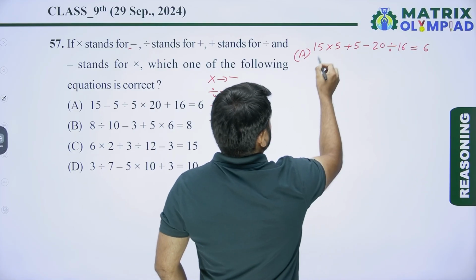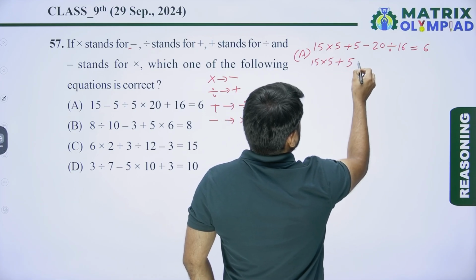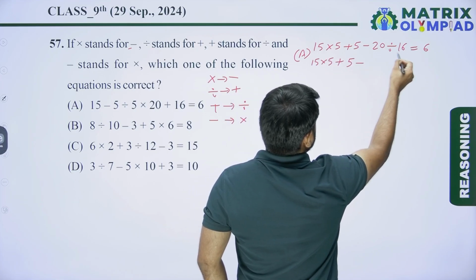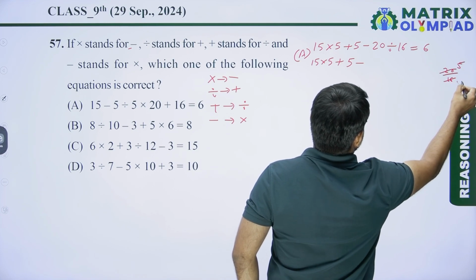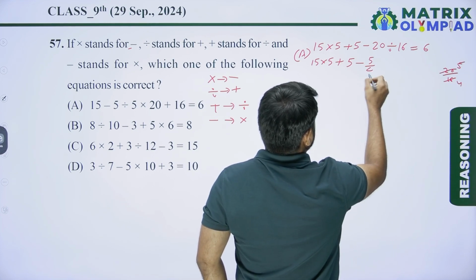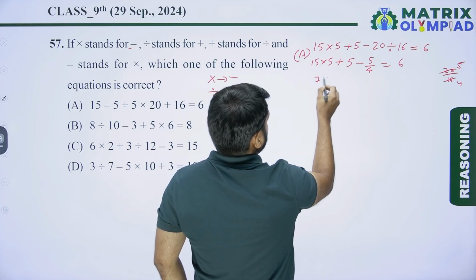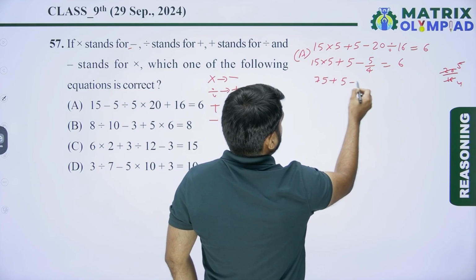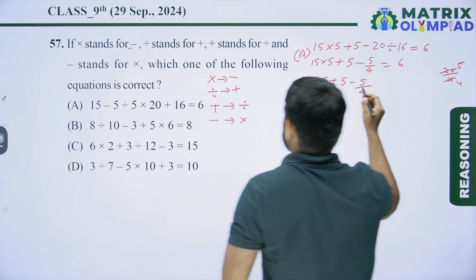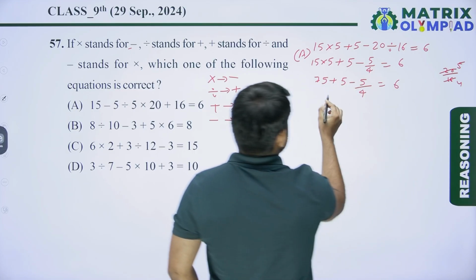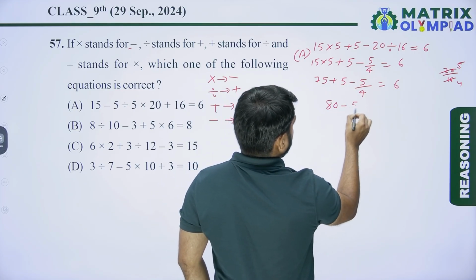Using BODMAS, 15 multiplied by 5 plus 5 minus 20 divided by 16. 20 divided by 16 means 5 upon 4. 15 into 5 means 75, plus 5, minus 5 upon 4 is equal to 6. 75 plus 5 means 80 minus 5 upon 4.